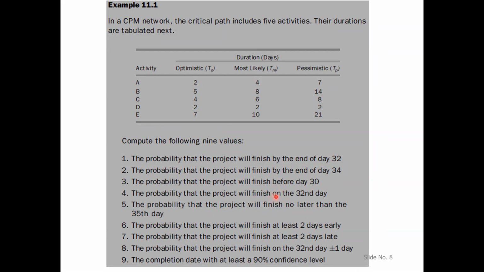This is different from the previous two cases. This says finish on the 32nd day, which means neither before nor after, only on the 32nd day. You got my point?